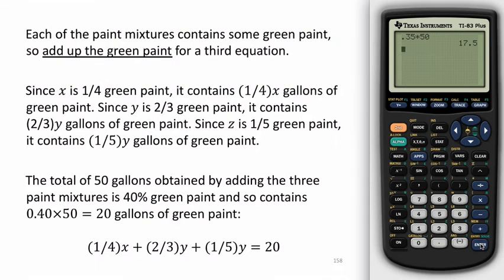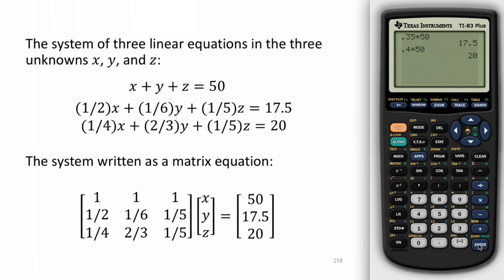And then the third equation is right here, where the 0.4 times 50, that expression that I wrote down earlier, works out to be 20. So you've got this form right here, and this is the system that I wrote.